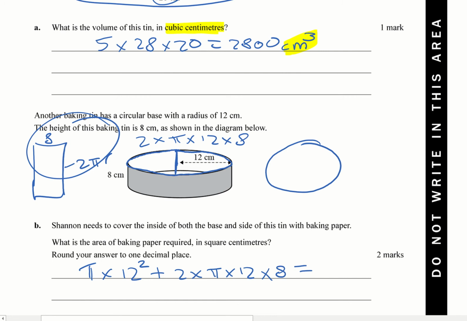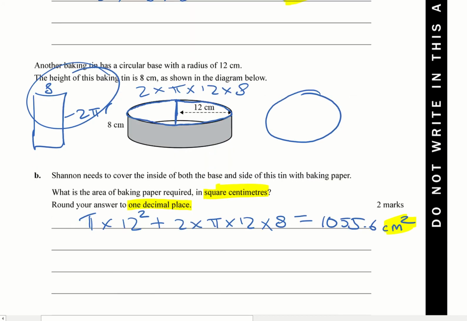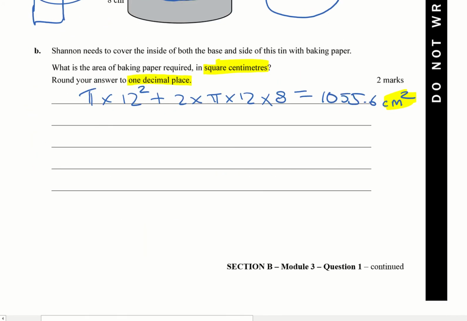Put that in your calculator, and you'll get an answer of 1,055.6 centimeters squared. Again, remember appropriate units. You don't want to lose marks for something like that. And we've done it to 1 decimal place. All right, so that's question B.